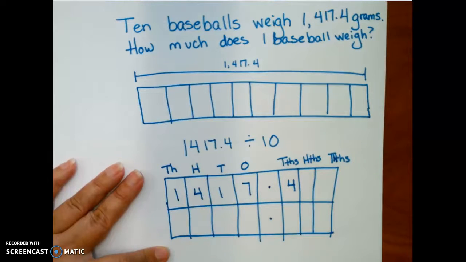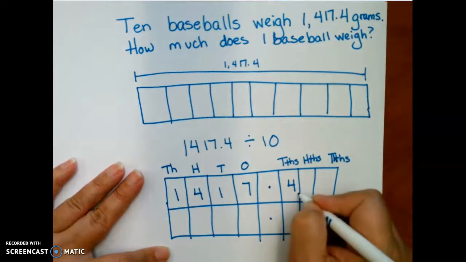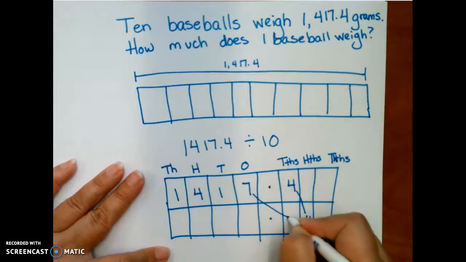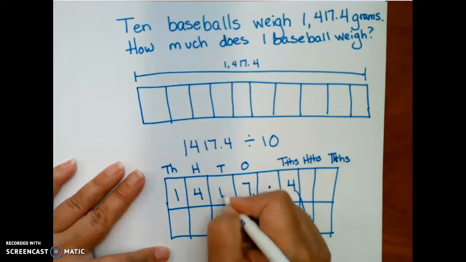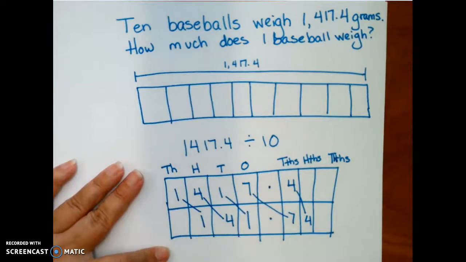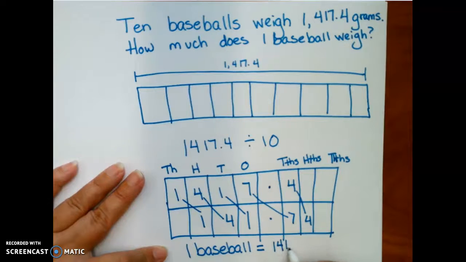When I divide by 10, I move everything over one place to the right. So, one baseball equals 141 74/100 grams.